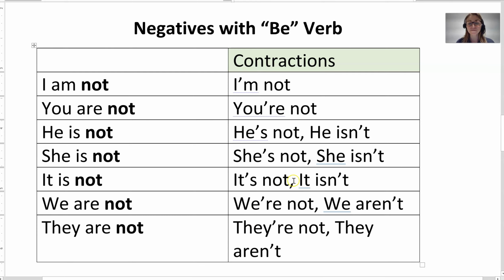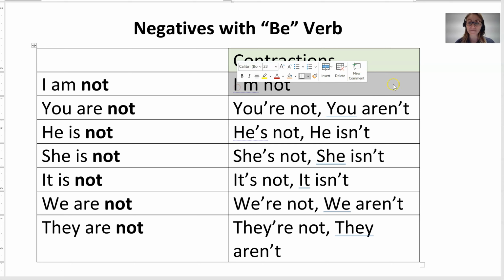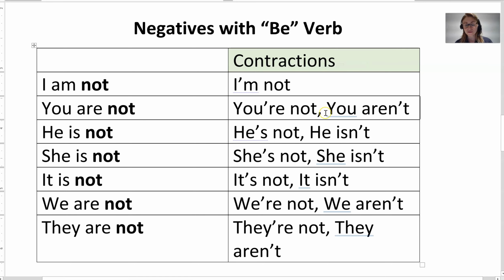They aren't. Okay. And you can do that with you. I forgot that one. With you, you can also say you aren't. Okay. The only one we cannot have two options is this one with I. Okay, so I hope it's clear. You can take a picture of it or copy it in your notebook so you can remember it.